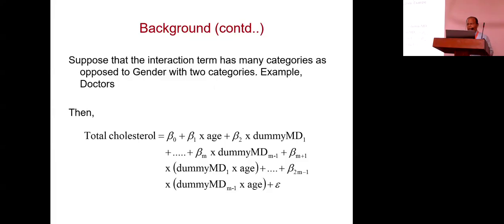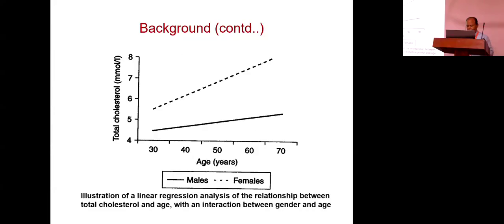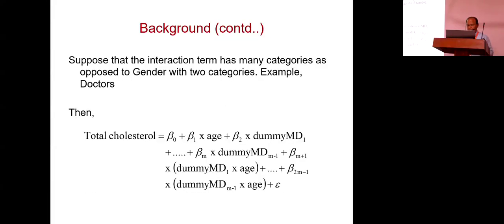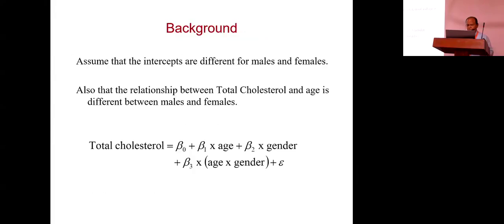And by having dummy variables, like for example, I showed you, remember this, to see the age and interaction, whether this is necessary or not.